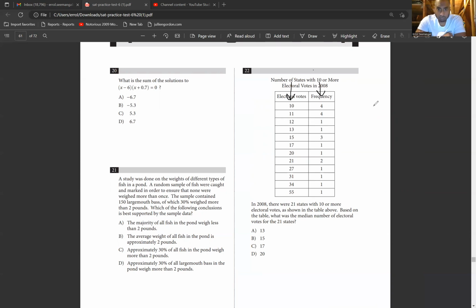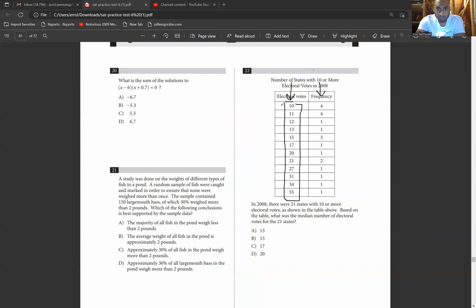All right, so what's the answer on this one? Yeah, I think it's the middle number of this.